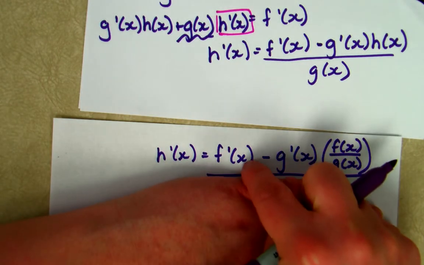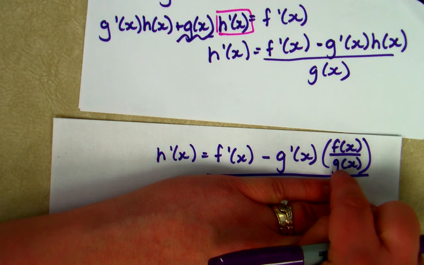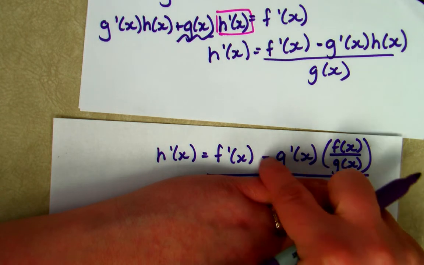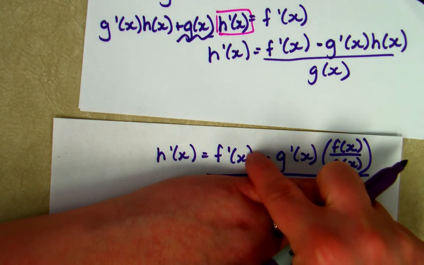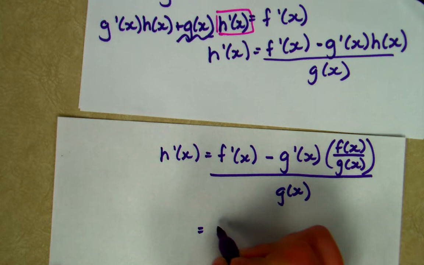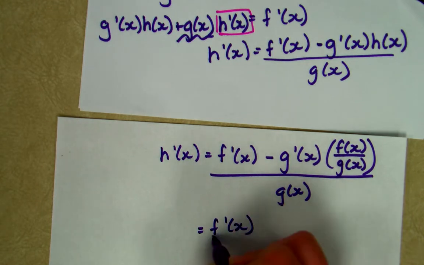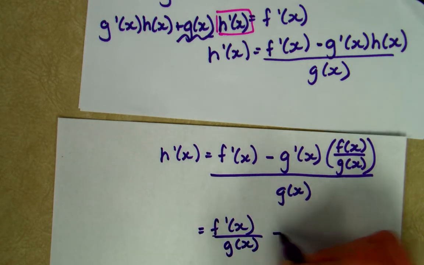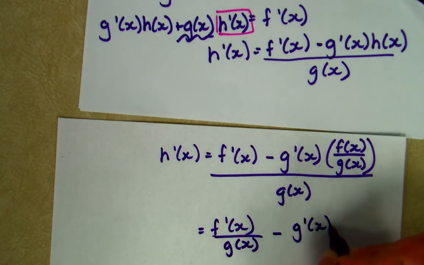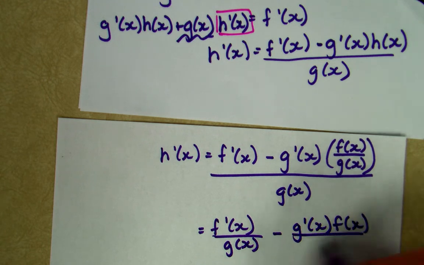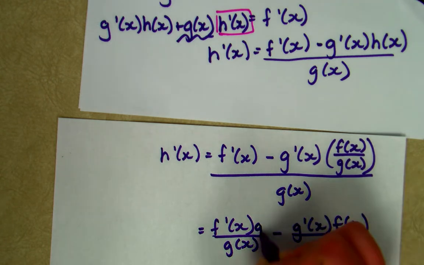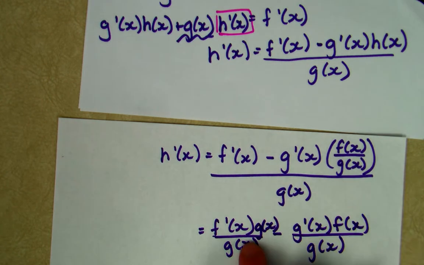This f prime doesn't have anything under it right now. This part has g at x under it. So I'm going to multiply this by g over g. So I'll get f prime at x times g at x over g at x minus g prime at x times f at x over g at x. And I just realized I forgot my g at x here because I needed g at x on the top and the bottom, all over g at x.